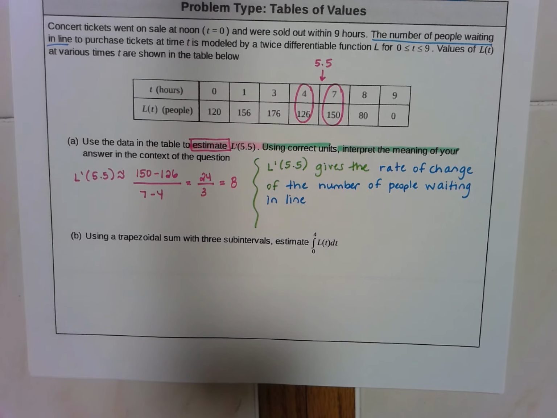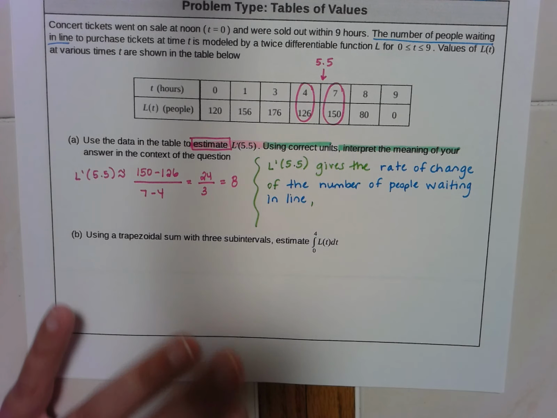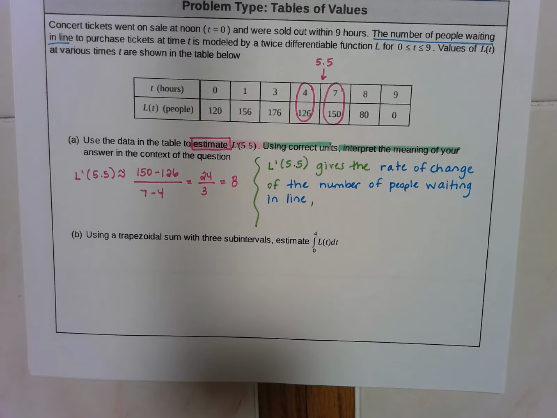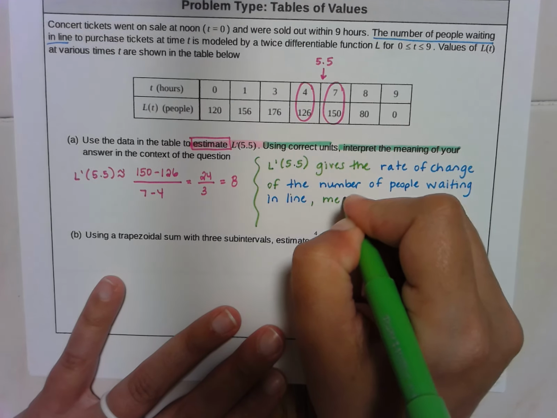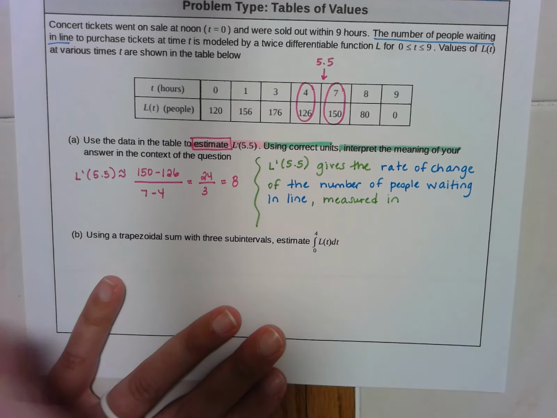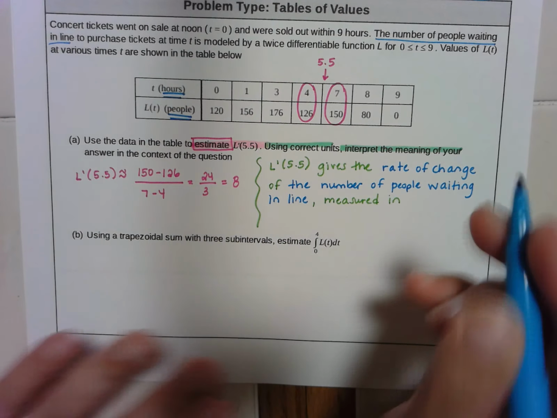Now, after we have our noun, we want to go ahead and give our units. So we would say measured in, and now we're going to divide the units we were given, people per hour.